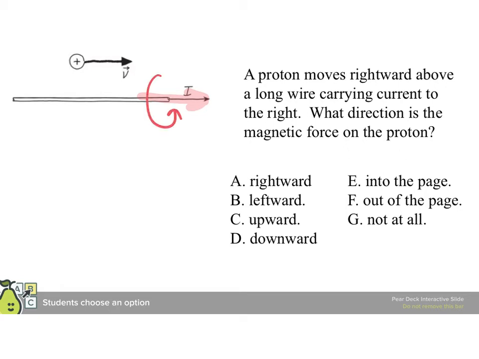So we see that the field is coming out at that point. Well, really at this point, but at all the points along here, the field is out of the page. So now I take V along this way, and B out of the page, and we find that the magnetic force would be downward.